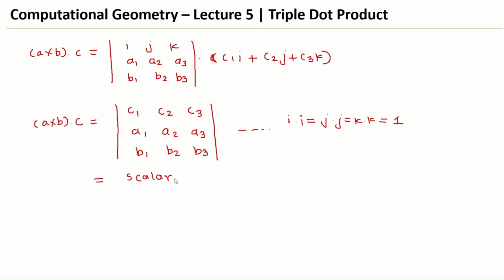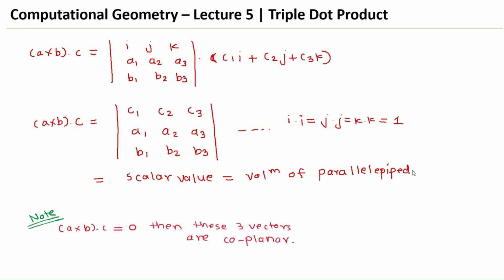This gives us a scalar value which is equal to the volume of the parallelepiped. One important note: if the triple product of vectors is 0, then these three vectors are coplanar in nature.